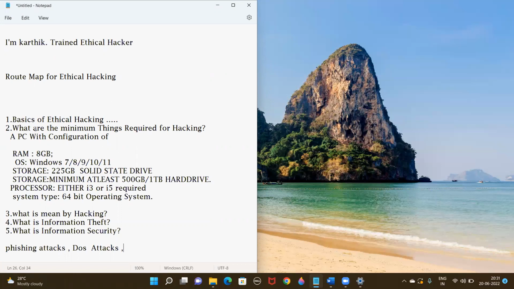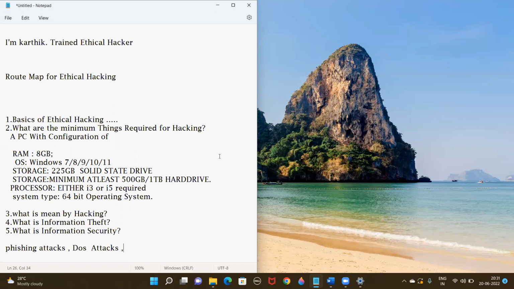We must have a PC with a configuration of 8 GB RAM, and it may contain Windows 7, 8, 9, 10 or 11 as the operating system. When it comes to storage, it must have a 225 GB solid state drive, and a minimum of 500 GB or more is okay.